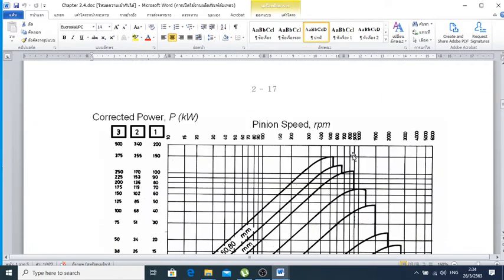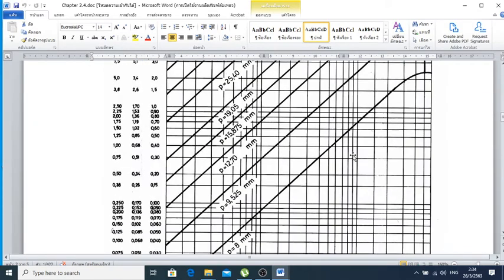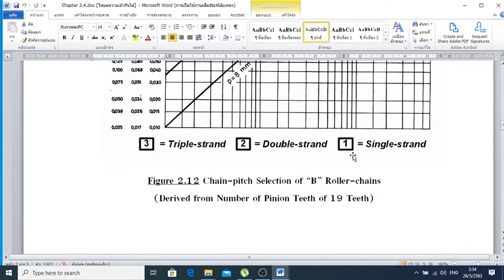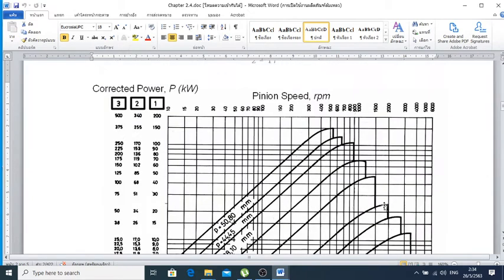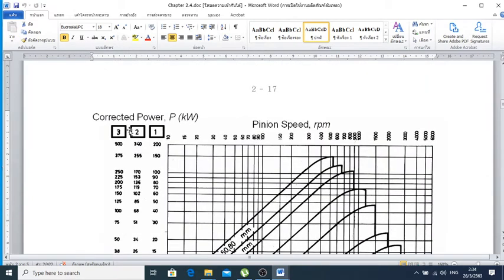Okay, and then let's go for the British system design. Use figure 2.12. This graph is derived from the experiment with 19 teeth. You have one strand, two strand and three strand respectively, together with the pinion speed, of course.